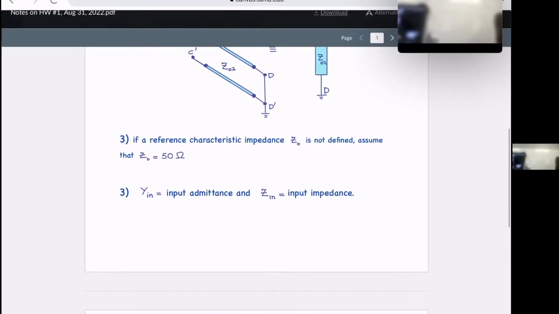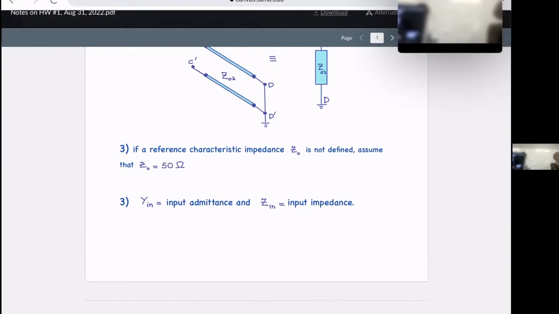And also people ask me, what is Y in? Y in is an admittance, input admittance, measured in Siemens, which is 1/ohm, and Z input is an input impedance. It is measured in ohms. Please, I am 100% sure you have seen those things. Please review them.